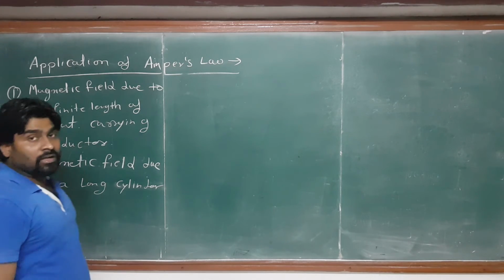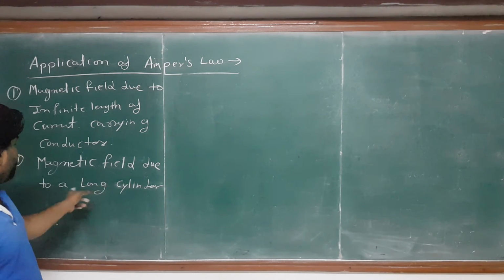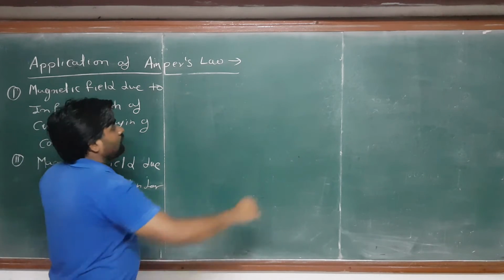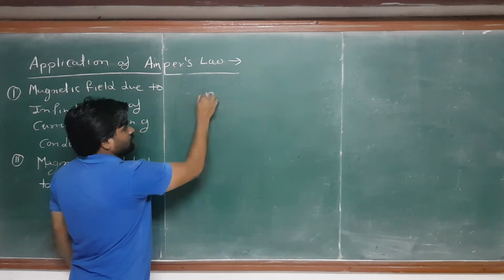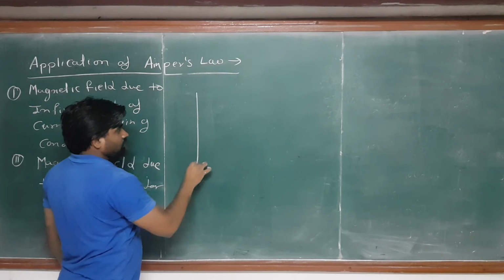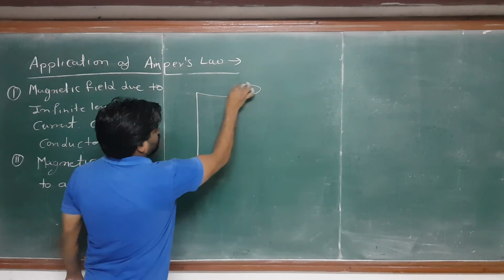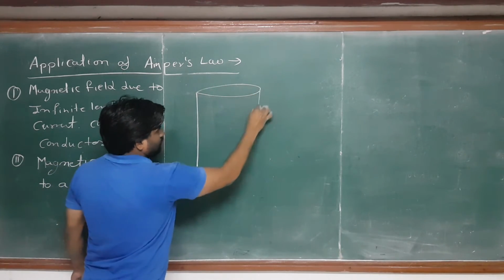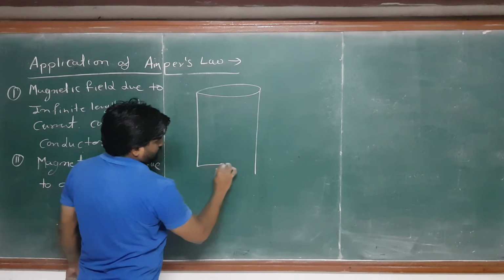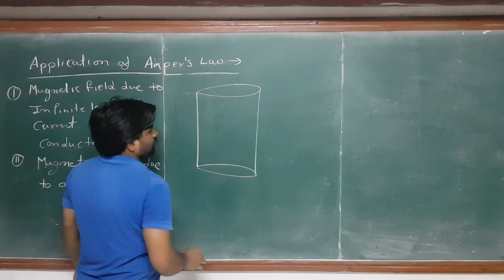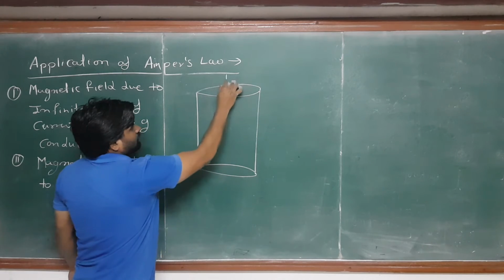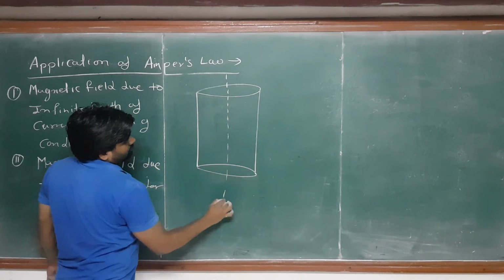Now come to the next application, the magnetic field due to a long cylinder. Let's suppose there is a long cylinder here, and its axis is this.